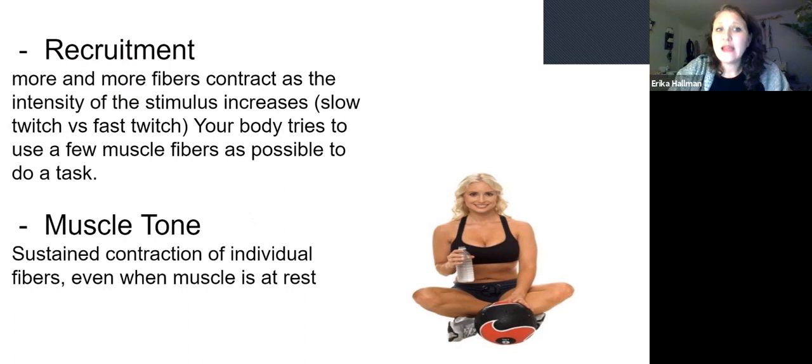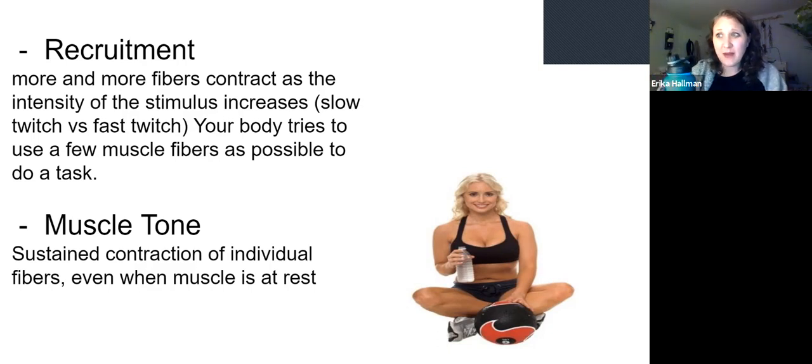So recruitment means that when you are doing a task, your body is pretty efficient. It's not going to waste energy unless it absolutely needs to. So anytime you do something like, let's say, pick up a water bottle, your body is only going to use the minimum amount of muscles that it possibly needs to do that action.